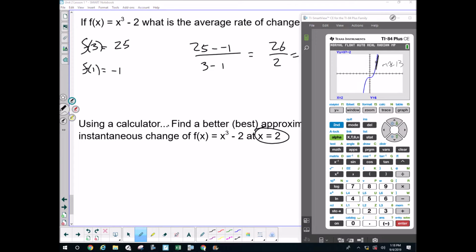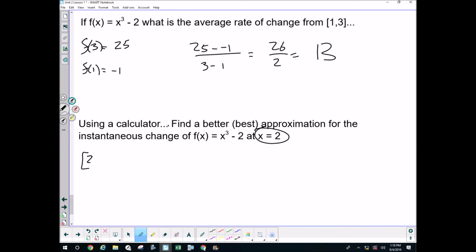Do I think it's exactly 13? Maybe. Maybe not. But what can I do so that I know for a fact that it's probably not 13, or it definitely is 13? Go closer. Thank you, Mr. Hinton. Let's take 2 points closer. So we are going to now do it over the interval from 1.9 to 2.1.